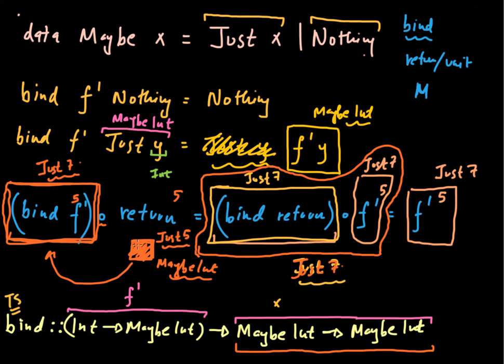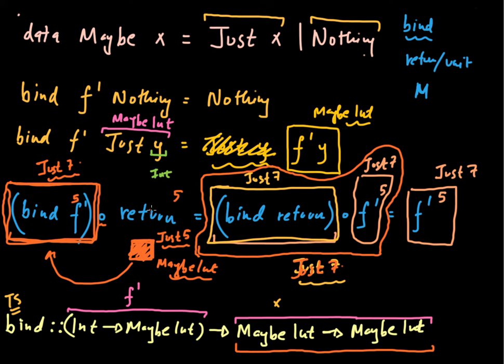Only if this orange box contains just a 5, then this orange rectangle is going to tear it apart, split it apart such that you get the integer component out. That's what bind actually does. It gets the integer component out from here and feeds it into the function f prime. And only if f prime gets 5 here, because that's the assumption we made, you're going to get back an output of just a 7.